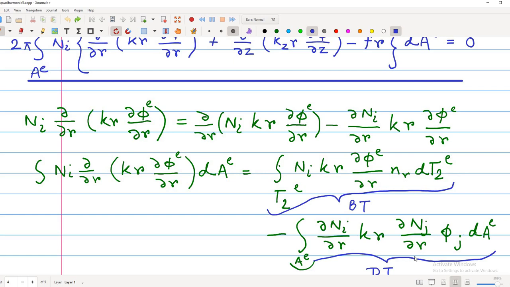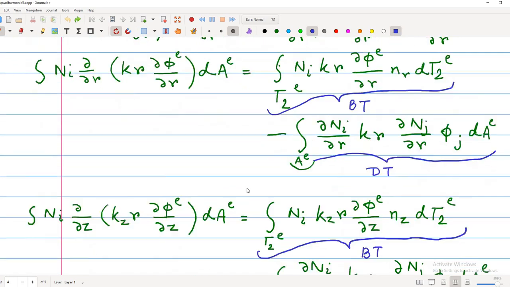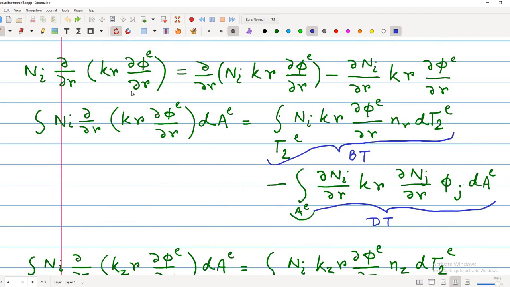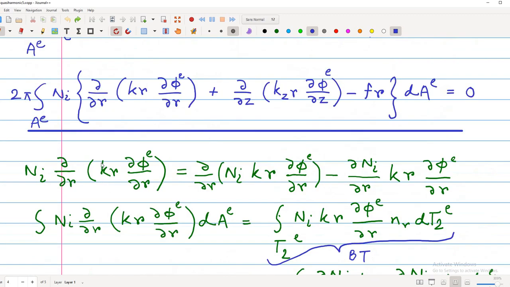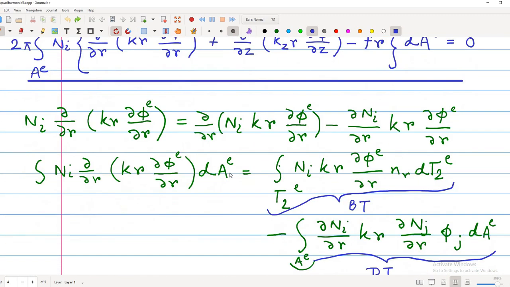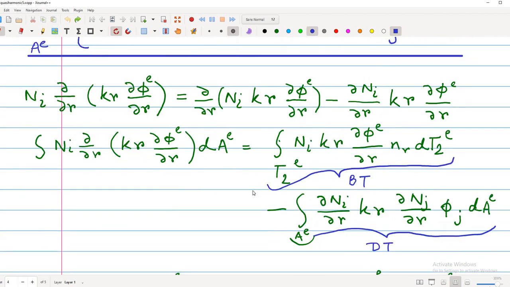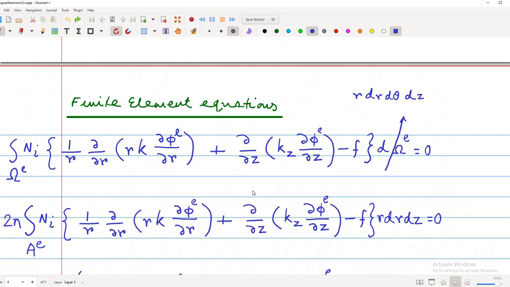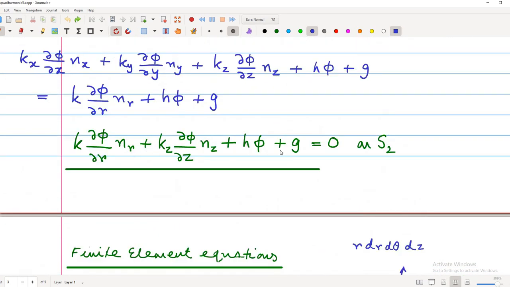This is exactly similar to what we did in the 2-dimensional case. So this is one boundary term, and from the second term another boundary term comes when you use Gauss divergence theorem. Now when you add these two terms, the boundary terms also get added, and now you use the boundary condition, this.